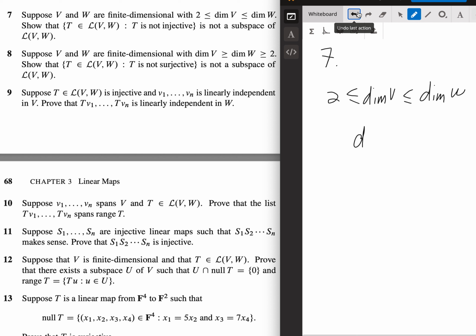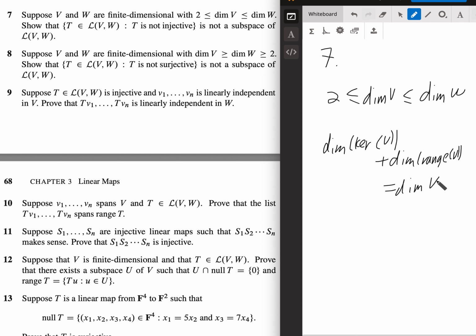But you can also show this in a more rigorous way with the fundamental theorem of linear maps, where the dimension of the kernel of V plus the dimension of the range equals the dimension of V itself.